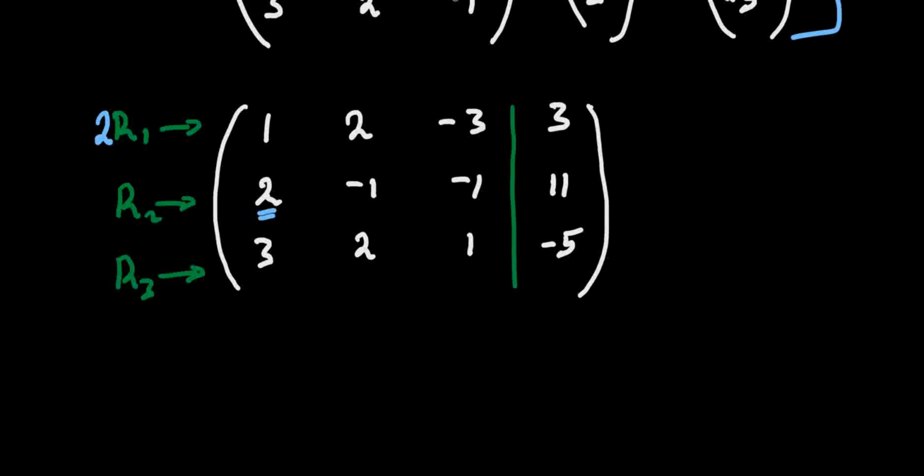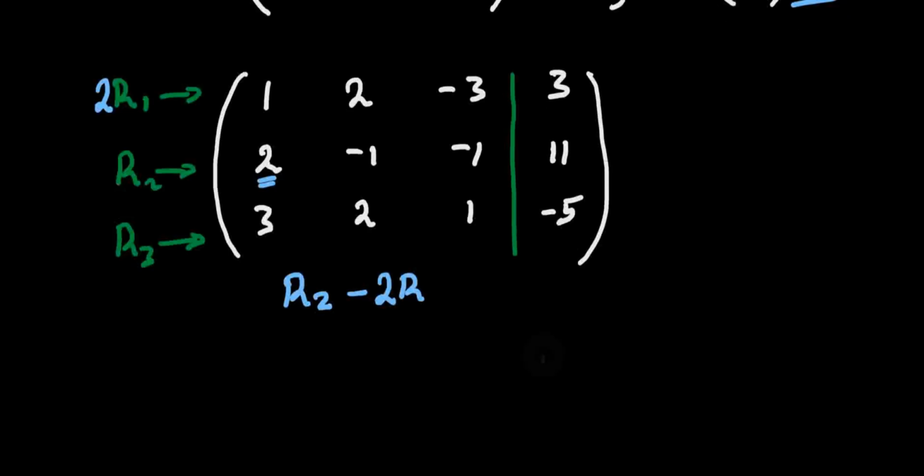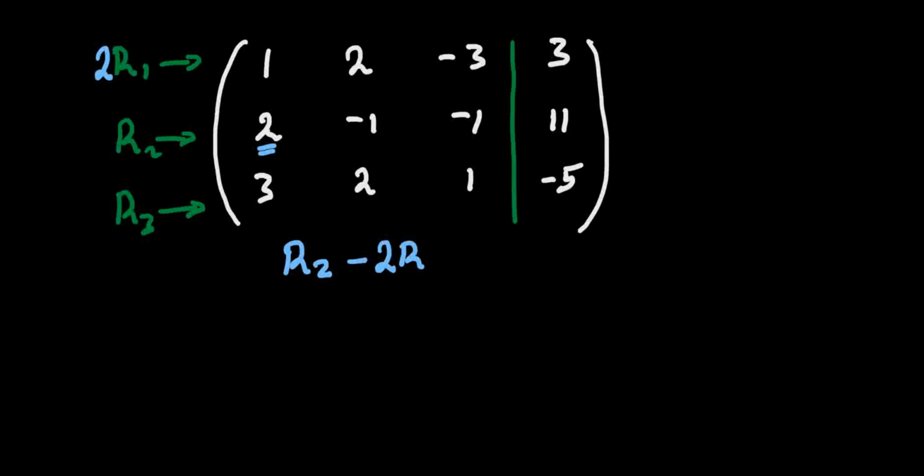So that means the first step would be row 2 minus 2 times row 1. Good. So that will give us exactly the next value for row 2, because we want this number to be changed to 0.